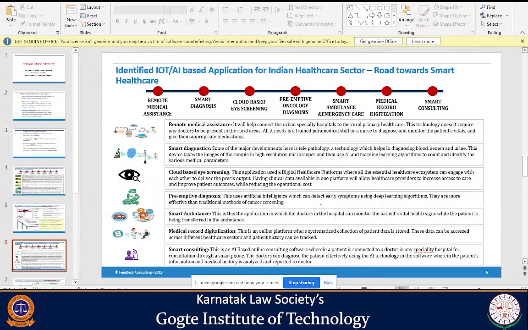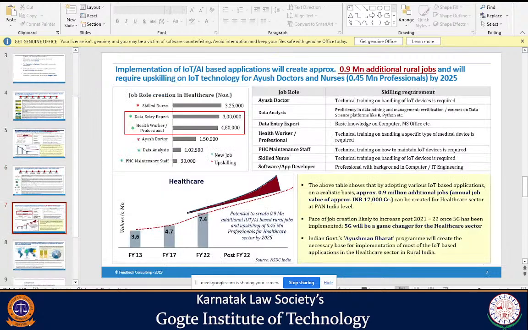You can also use it for smart diagnosis, cloud-based eye screening, preemptive diagnosis, smart ambulance, emergency care, medical record digitization, and smart consulting. These are applications in the Indian healthcare system, and the same is being implemented in job roles for the healthcare domain. If you learn ANN, you can imagine there is a huge opportunity, especially in the healthcare domain.